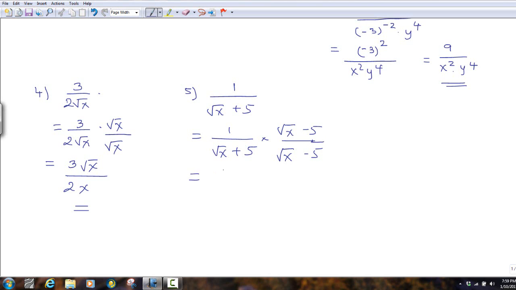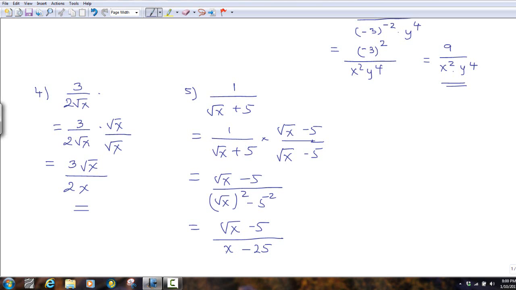Okay, so once I write this one, 1 times square root of x minus 5 is just square root of x minus 5 in the numerator, but in the denominator I have square root of x plus 5 and square root of x minus 5. If you multiply these two expressions, you get square root of x whole square minus 5 square, and this is equal to square root of x minus 5 over, square root of x whole square is just x, minus 5 square is 25.